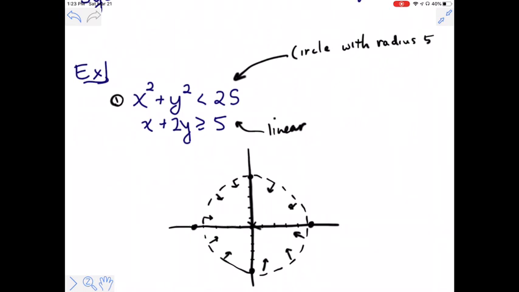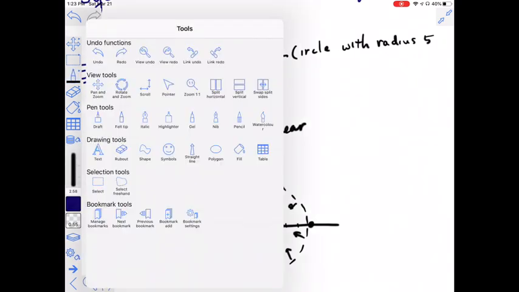Now for the linear inequality, let's see, change the color.